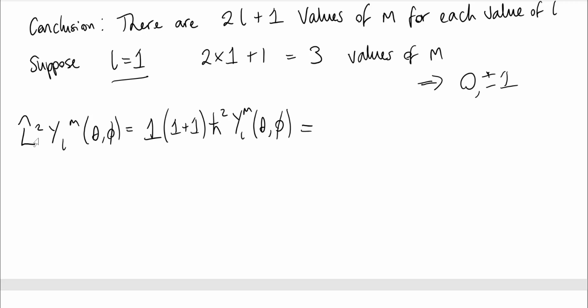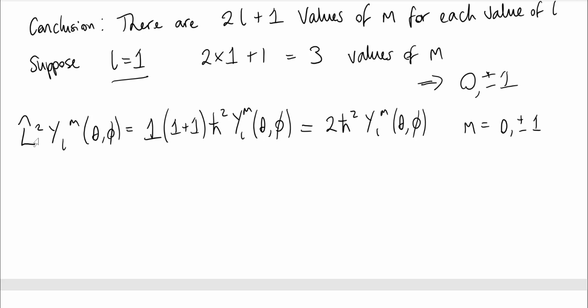That ends up being equal to 2 h bar squared Y_Lm(theta, phi), and of course we already know that m is equal to 0, plus or minus 1.